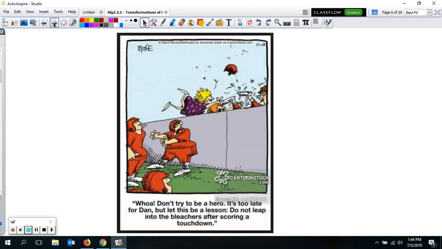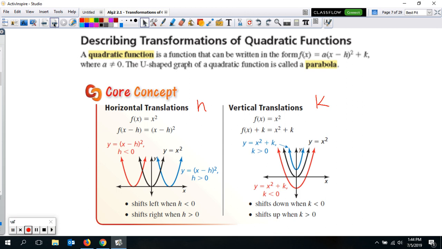All right, well, let's look at our quadratic functions now. In our notes for quadratic functions we have the parabola, which is called the parabola for the shape of the function. It's a U-shaped graph. That's what we know these quadratics are. The parent function is y equals x squared, and we have the square up here in the vertex form as well.